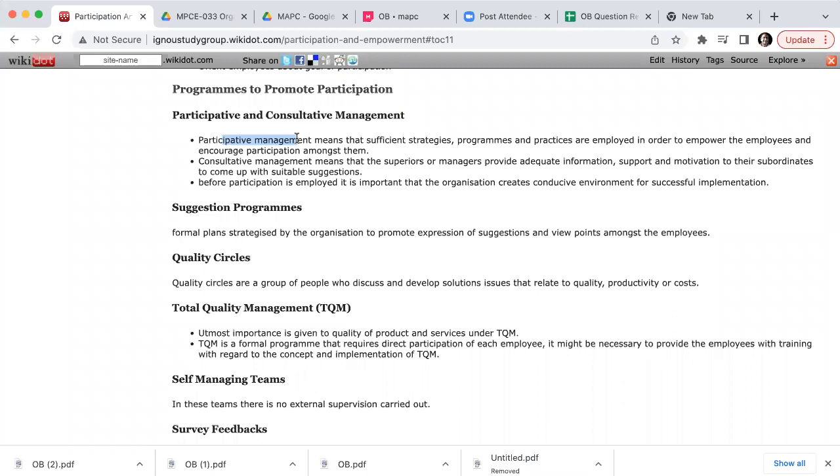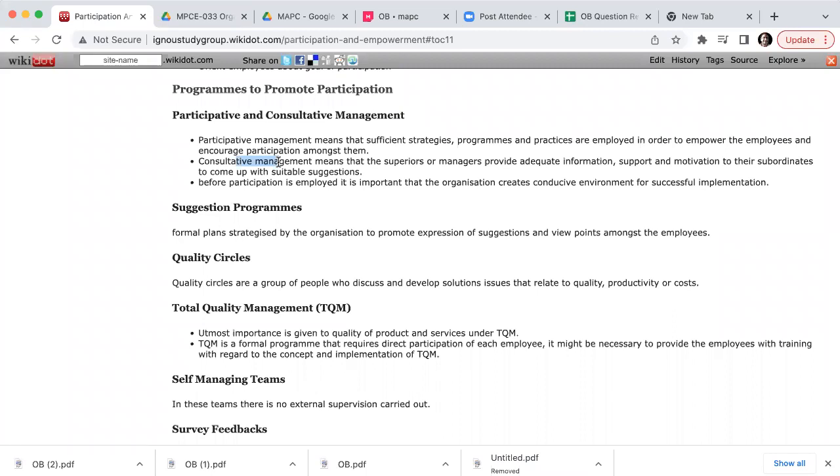You are making people participate in your management aspects, strategizing, making people part of it, and also empowering them so that they can do certain things. Consultative management is slightly different. Here you are just taking ideas from people. You are not asking them to come and join, let's do it together.